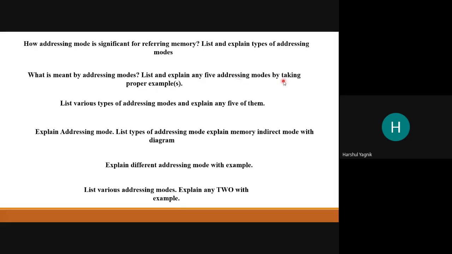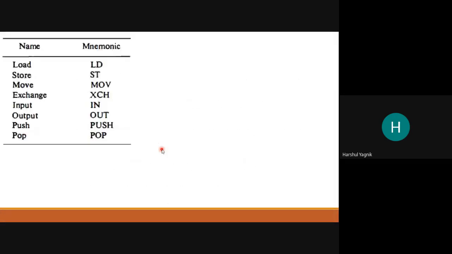The next question is, list various types of addressing modes, explain any 5 of them. These are all questions which have already been asked in your university examination. Explain addressing mode, list types of addressing modes. Then explain different addressing modes with an example. List out addressing modes and explain any 2 of them. All these questions are to be discussed in the upcoming slides.